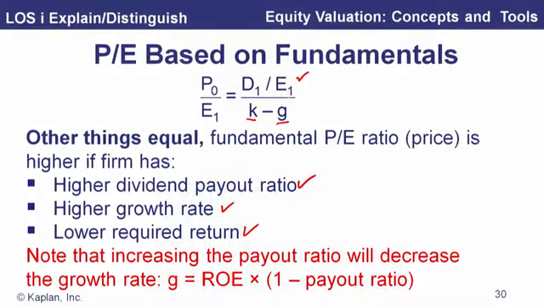And that'll differ for different companies in different circumstances. And that's what this note at the bottom is getting at. Note that increasing the payout ratio will decrease the growth rate. And so we can't just go to a company and say, all you have to do to raise your stock price and your PE ratio is to increase your dividends. Well, no. To the extent that's going to slow its growth, we don't know whether that's going to overall increase or decrease the value of these shares.